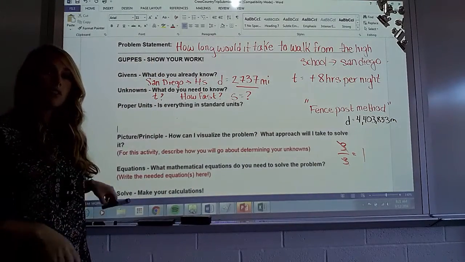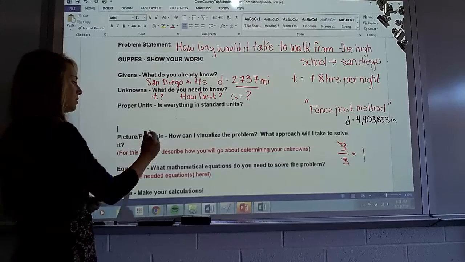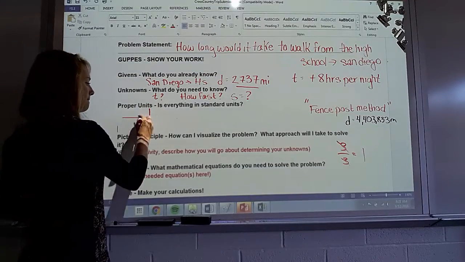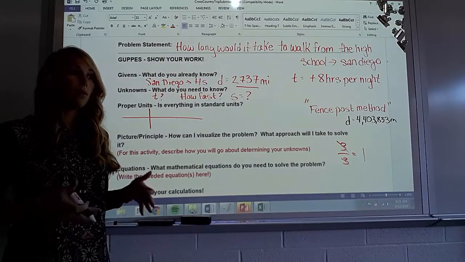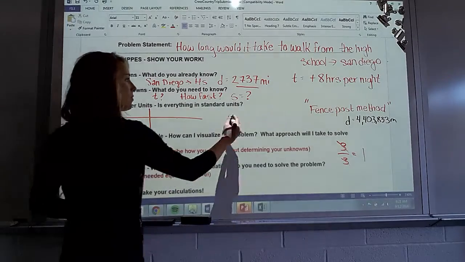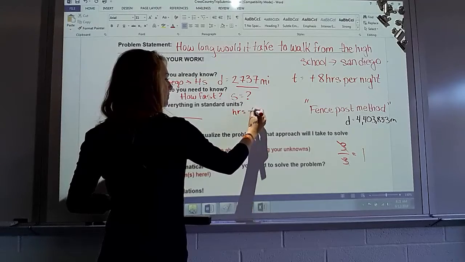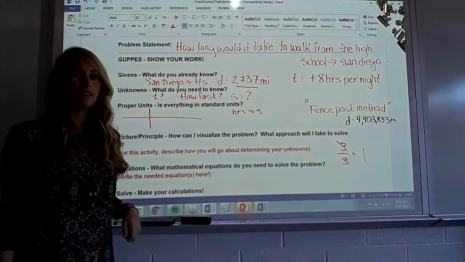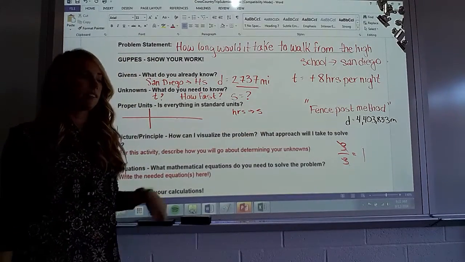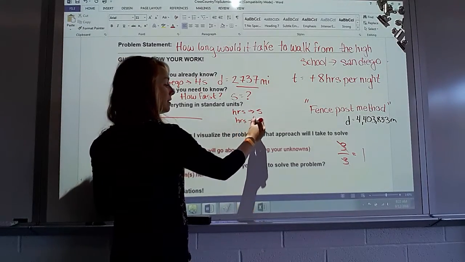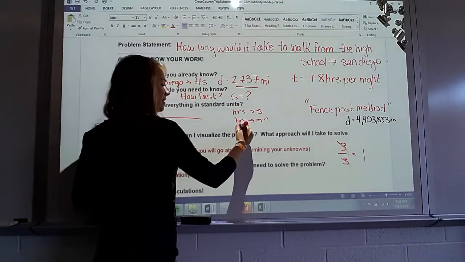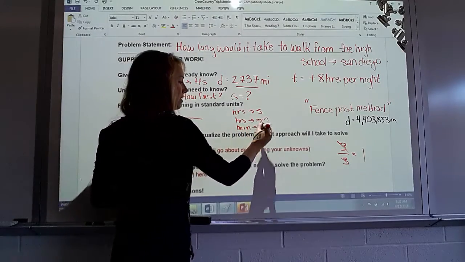So again, to do a conversion, we're going to start with our fence post. We also need to decide what we're converting. So we're starting with hours, and we need to go to seconds. To get from hours to seconds, it's kind of a big jump, but we could go from hours to minutes, and then minutes to seconds.